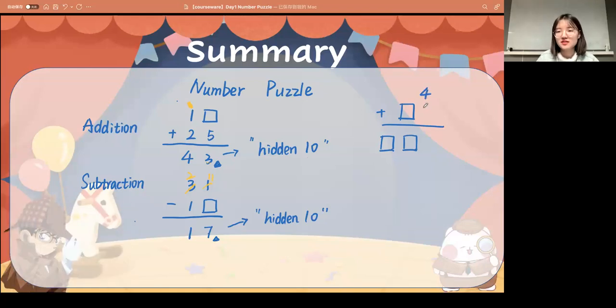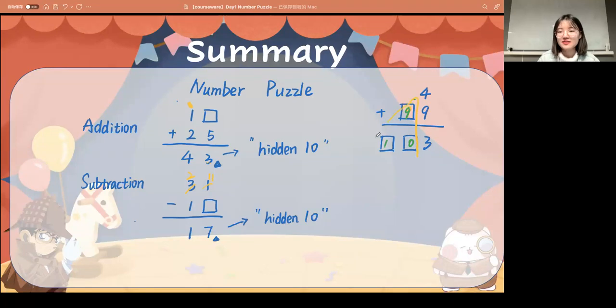Four plus 9. And then the 3 numbers will be 9, 910. And this is a golden triangle. Okay, that's for golden triangle.